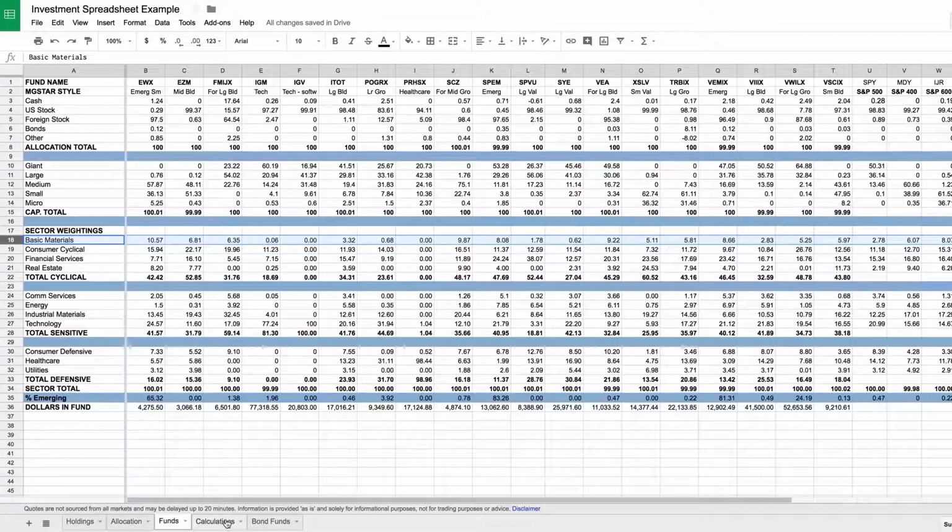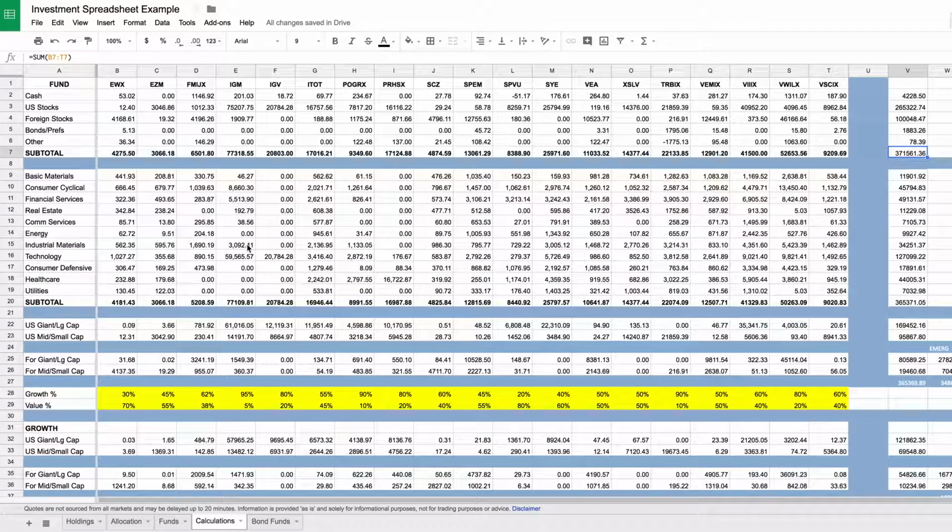Then we want to go to our calculations. Now this tab gets a little bit crazy, but there's only a couple things to call out. First of all, these formulas have already been laid out. We're going to look up from our funds sheet wherever we see EWX, and we're going to pull in the percentage of that fund's investments that are held in cash, in stocks, U.S. stocks, foreign stocks, then bonds and other.